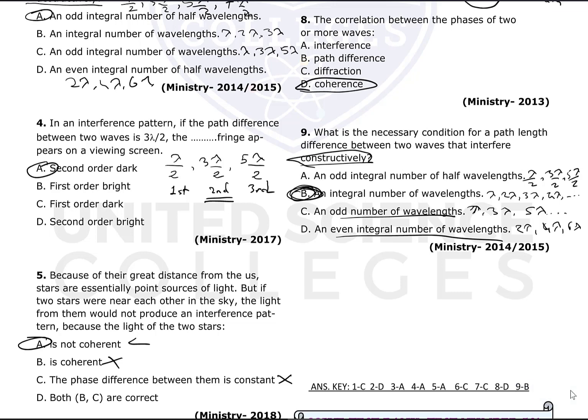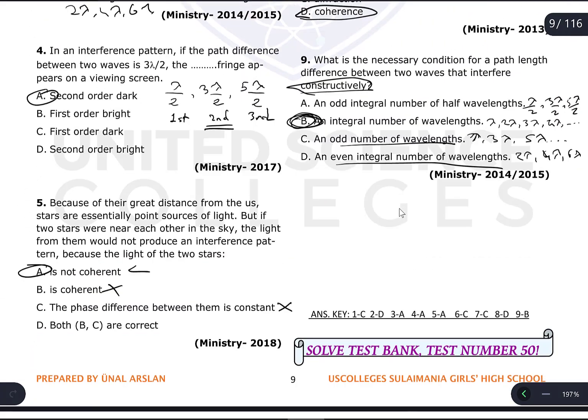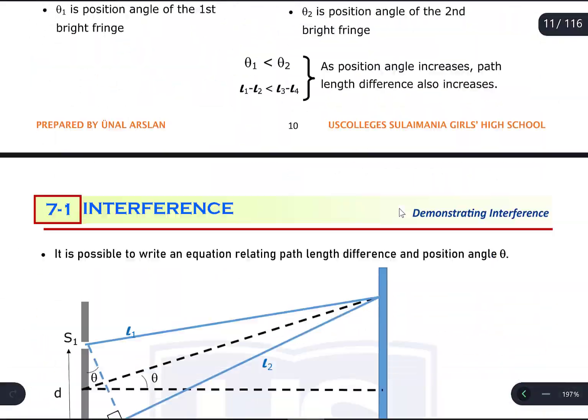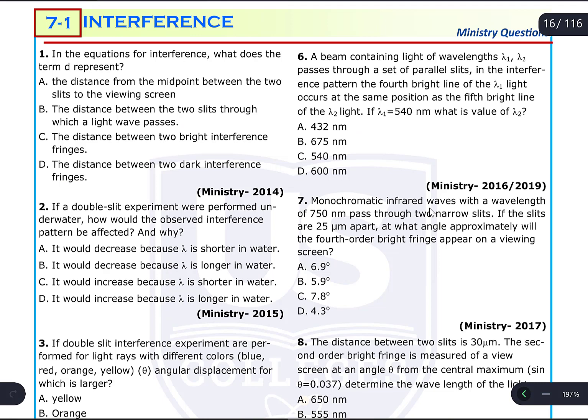Let's continue with some problems about destructive interference. In the equations of interference, what does the term d represent? Remember, d sine theta is equal to m times lambda, or m plus 1 over 2 times lambda, depending on constructive or destructive interference. This d represents the separation between the sources.